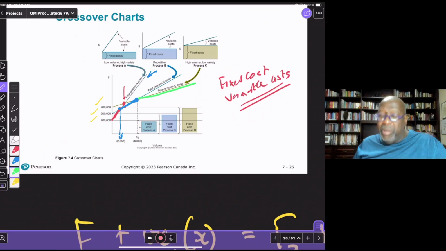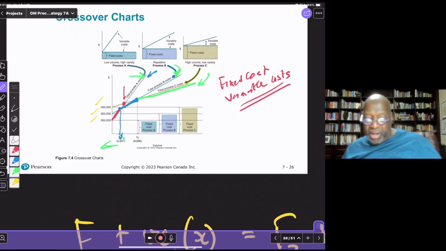So since we're trying to minimize cost of production, you could see that if we are less than the first one here, V1, then we go with this line right here. If we are between V1 and V2, we go with this production line right here. And then if we are greater than V2, we go with this production line.